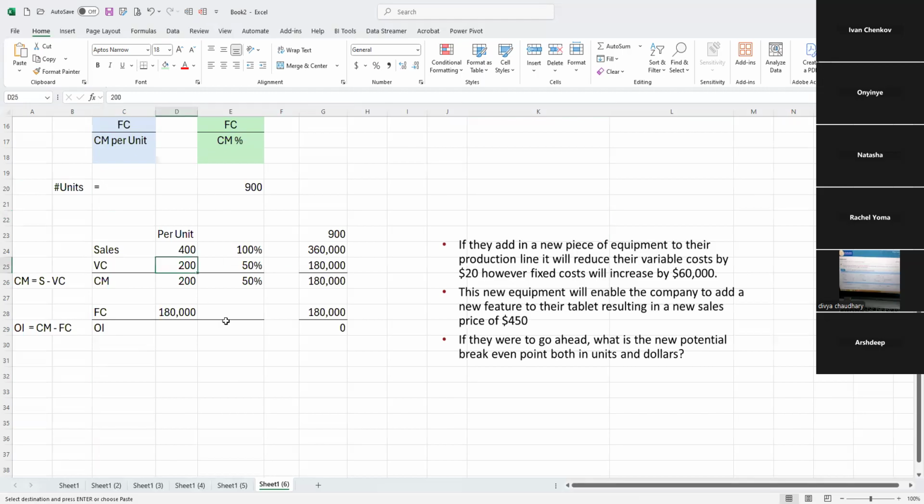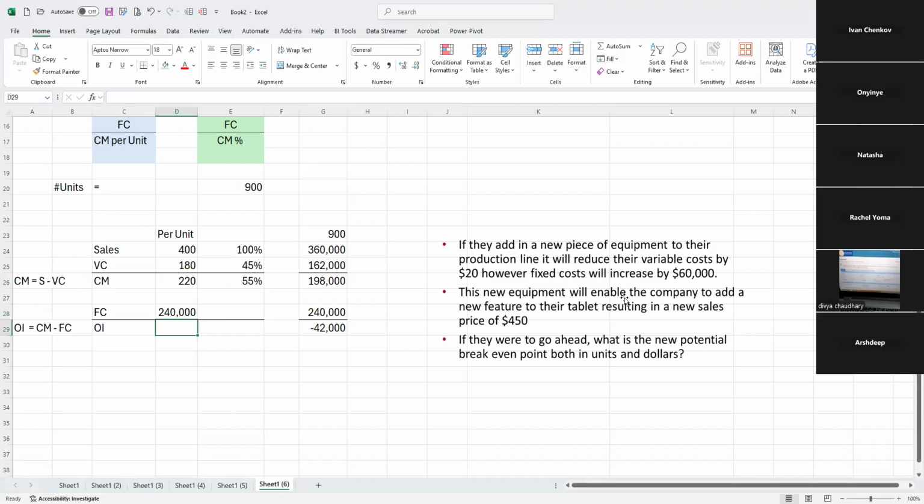How much will my variable cost be now? 180, right? Fixed cost is going to go up by 60,000. So how much will be my new fixed cost? 240,000.